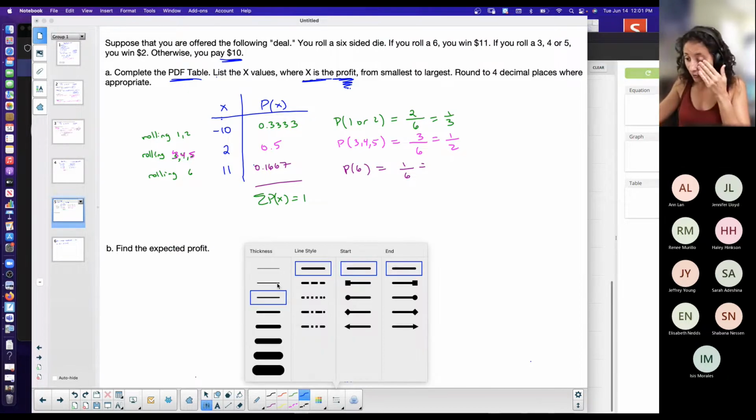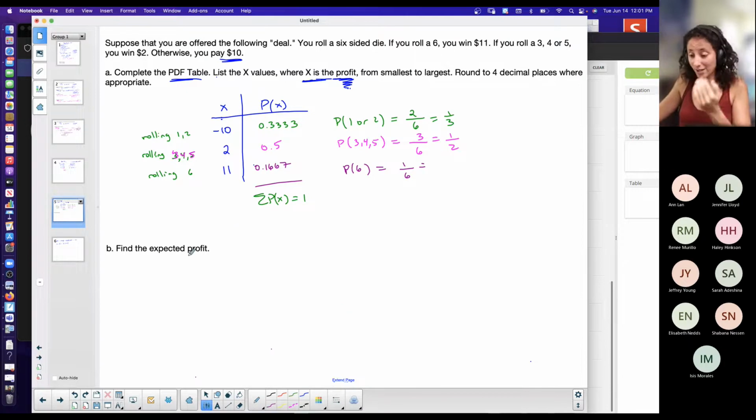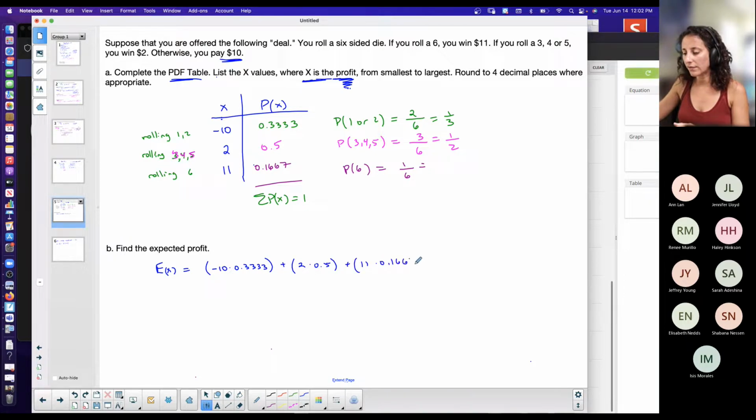And so if I use the formula, which I'll show real quick, because sometimes you might want to do that by hand, it could be faster than a calculator. You take each of these random variables and multiply by the corresponding probability. So -10 times 0.333 plus 2 times 0.5 plus 11 times 0.1667.